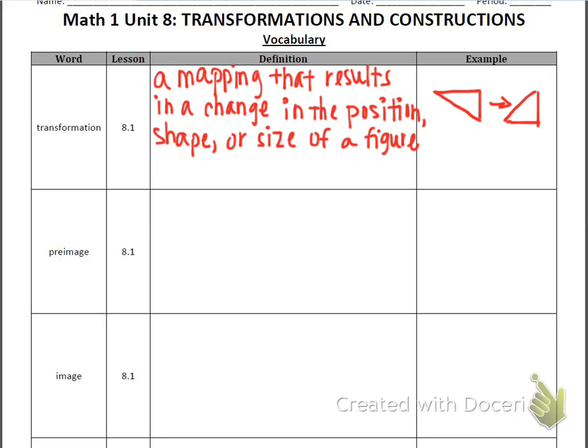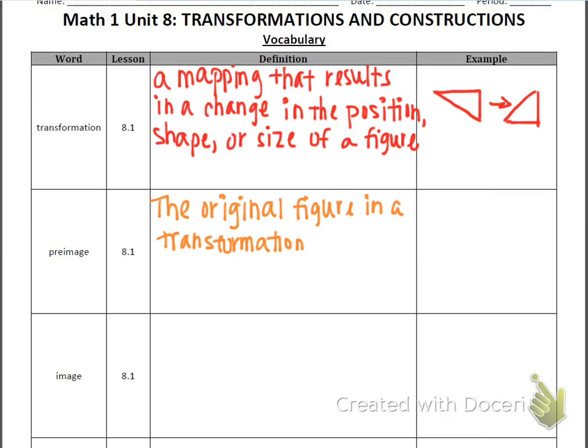Another vocabulary that we need to know is when we're doing a transformation, we have what's called the pre-image and the image. So the pre-image is the original figure of a transformation. So in our previous example, the pre-image would be the first one, the one we started with.